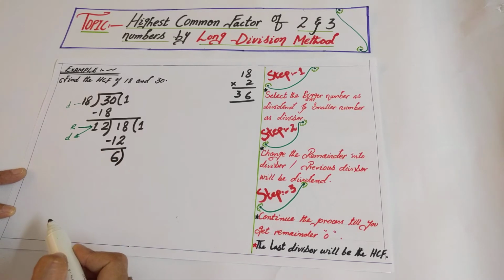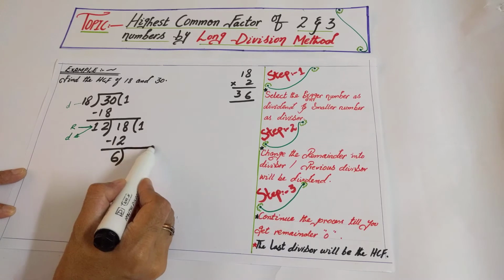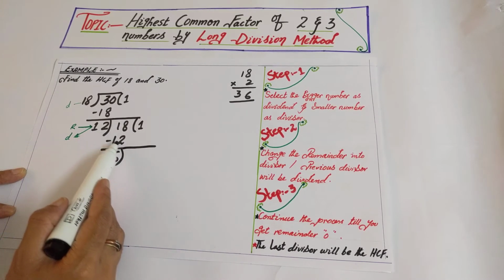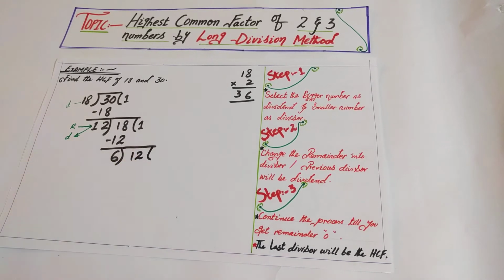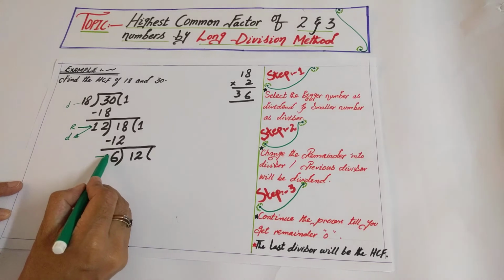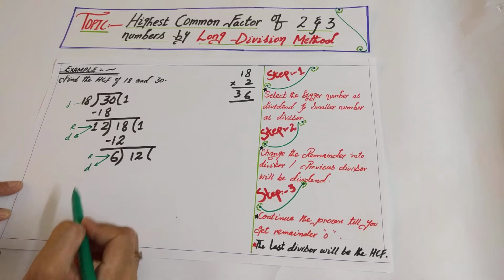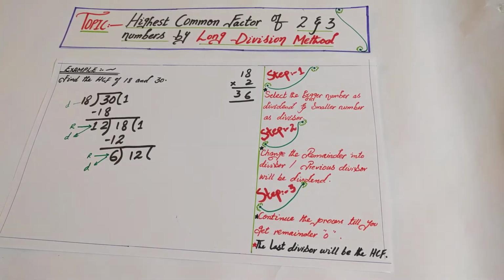The remainder will be converted into divisor, and the previous divisor will be converted into dividend. Clear? 6 was the remainder. This remainder will be converted into divisor, and the previous divisor will be converted into dividend.